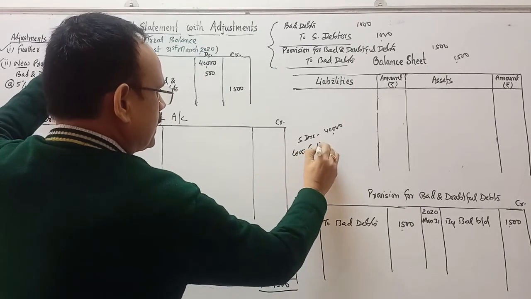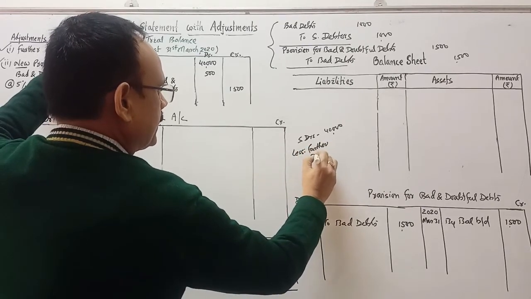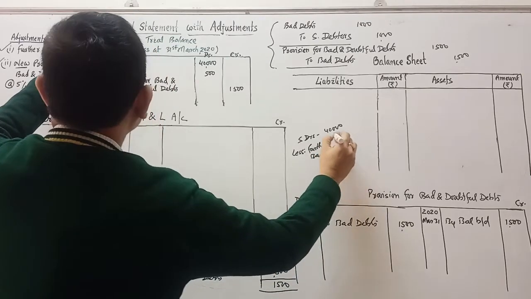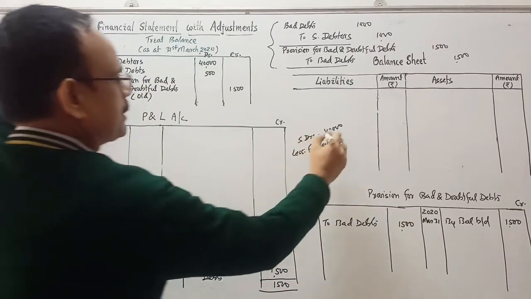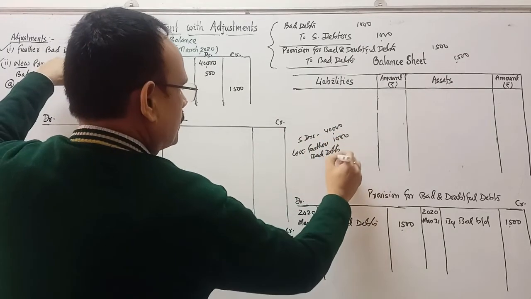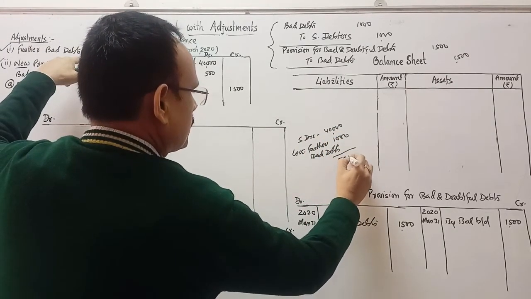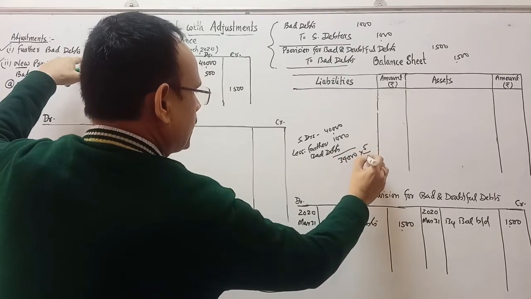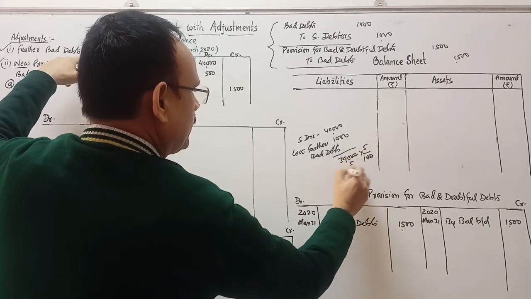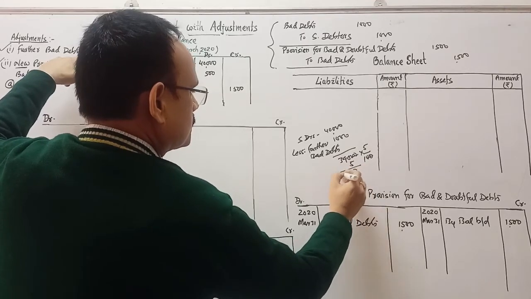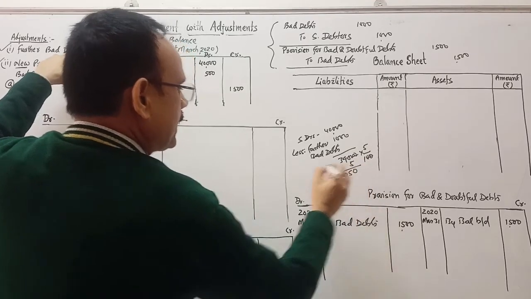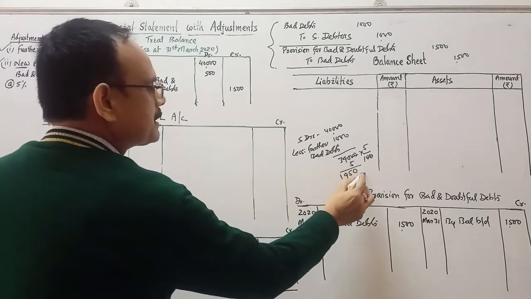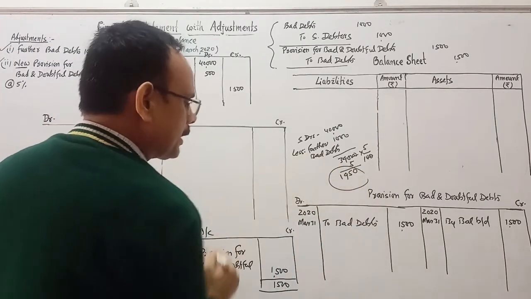Further bad debts is 1000. So the rest amount is 39,000. You calculate the 5% new provision on 39,000. It is 1950 rupees. This is the new provision for bad and doubtful debts.